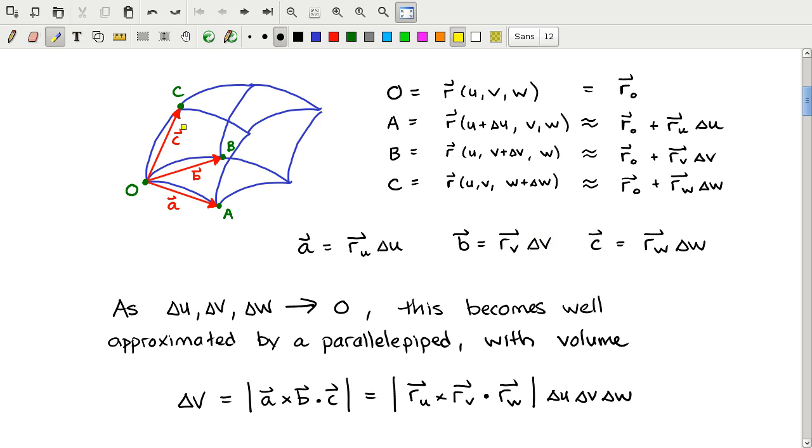And similarly, the vector c is the point capital C minus the point O, which is r0 plus r_w delta w minus r0, giving us just r_w times delta w. So that gives us approximately these three vectors, and in the limit, as delta u, delta v, and delta w become small, these linearizations become accurate, and these descriptions for a, b, and c become accurate as well.